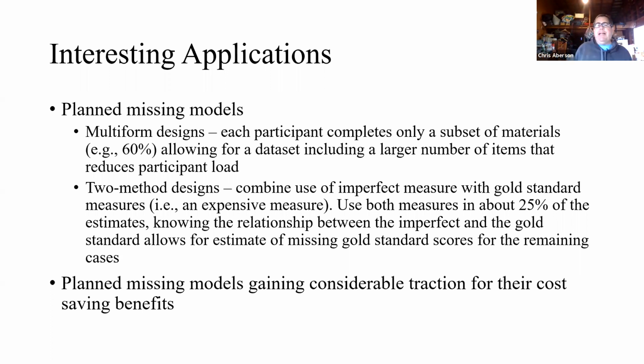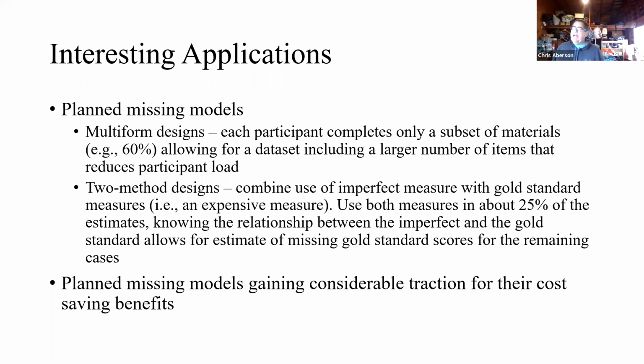Two-method designs. We combine an imperfect measure with a gold standard measure. We use both of the measures about 25% of the time. Then we know what the relationship is between the imperfect and the gold standard measure. That'll allow us to estimate the missing gold standard measures down the line. These fall under the general title of planned missing designs.